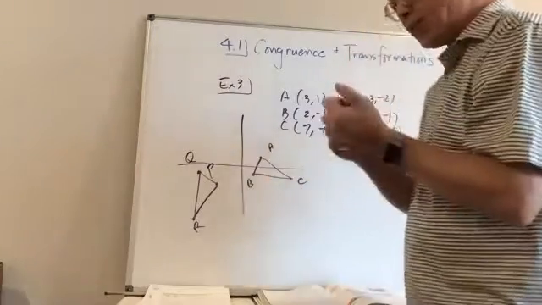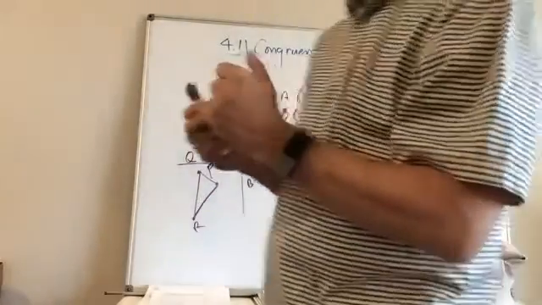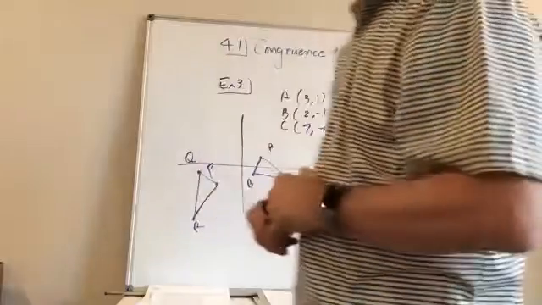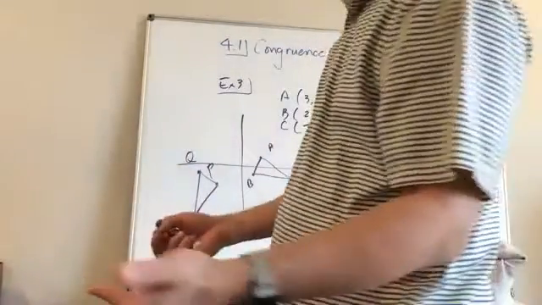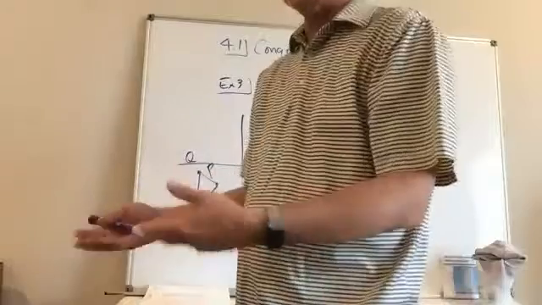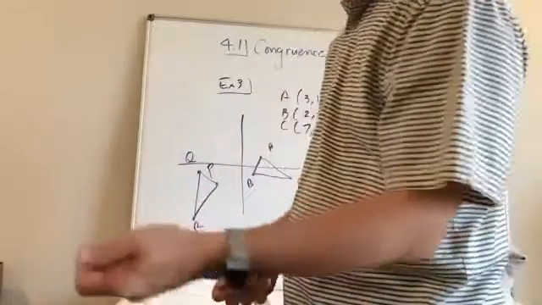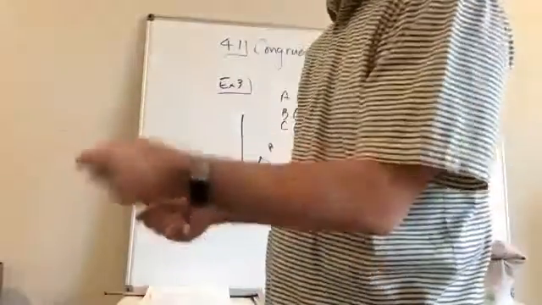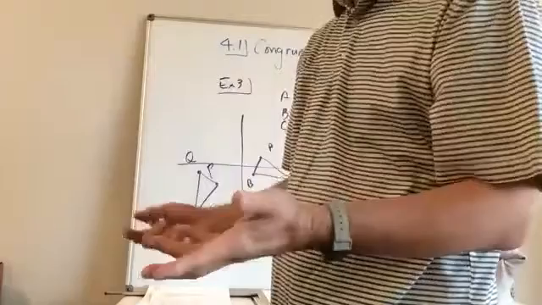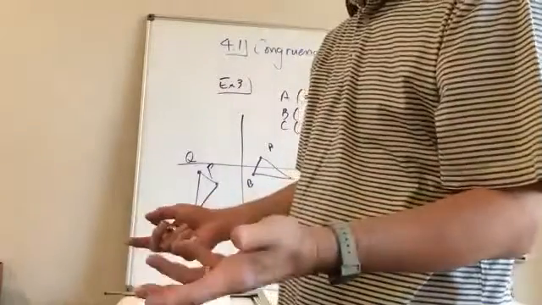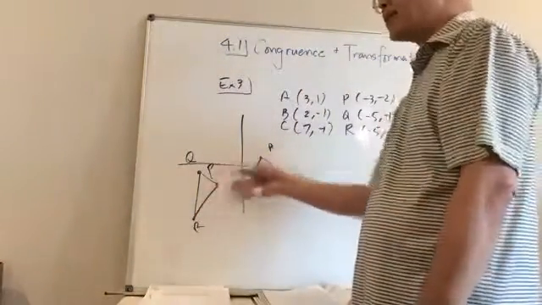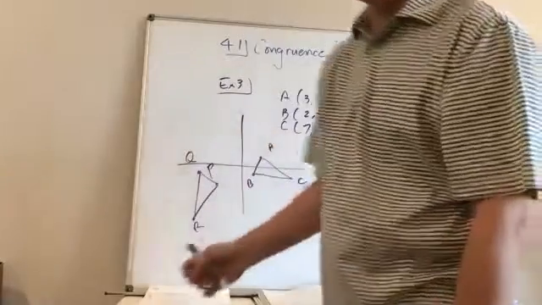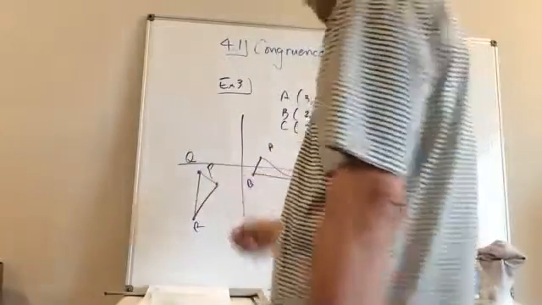Even though we haven't talked about this yet, we'll talk about it pretty soon: if you have 3 sides, the triangles are going to be the same. If I gave you 3 lengths of sticks, there's only one triangle that comes out of it. So as long as the 3 sides are all the same, it's the same triangle. They're both congruent, okay?